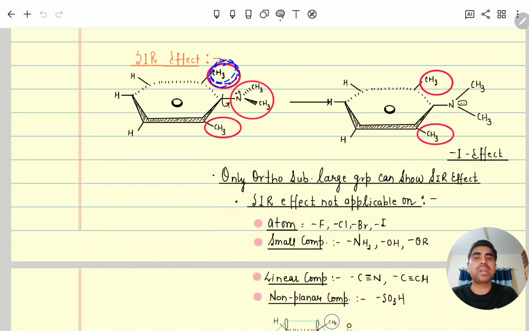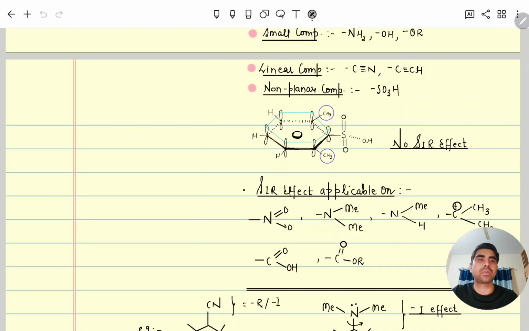If a bulky group is there, then only it will rotate and it cannot do plus R. Clear? So here, as I discussed in sulfur, since it is already perpendicular to the plane, it is behaving like an electron withdrawing group, so here no problem at all.